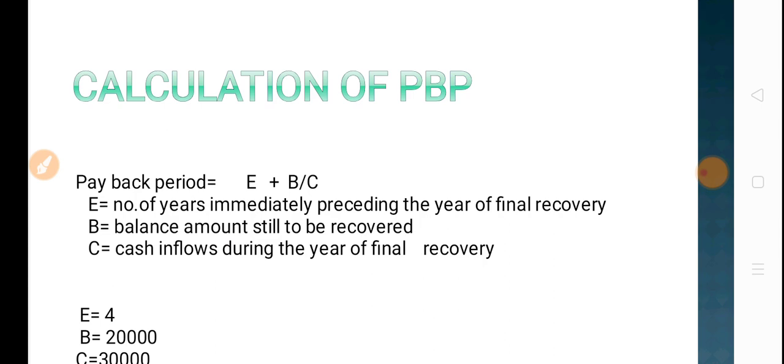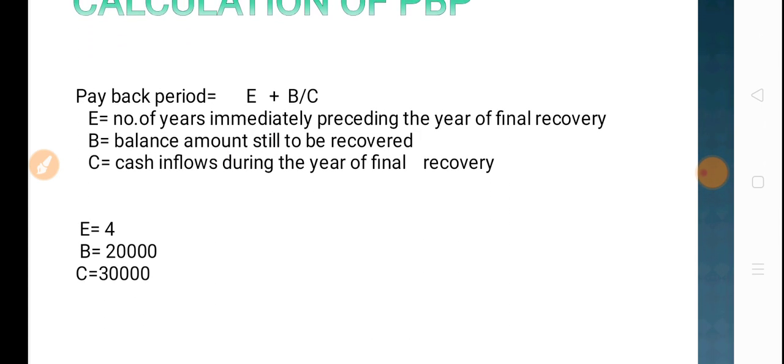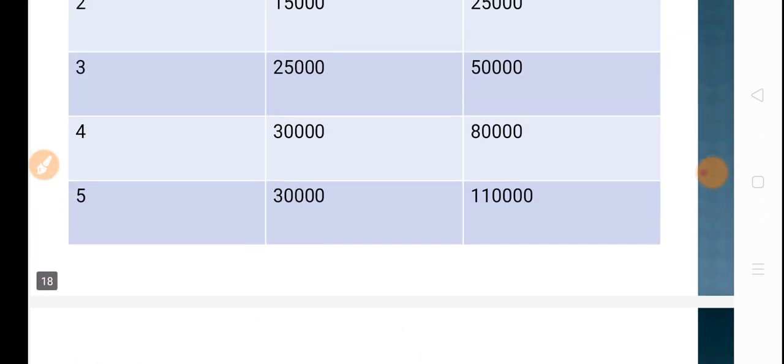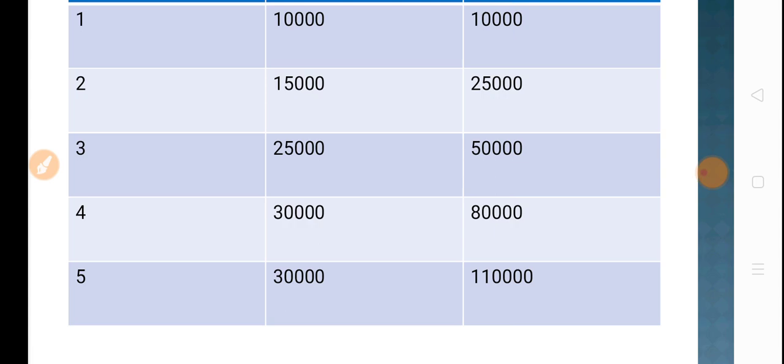Payback period is equal to E plus B by C. We already learned that. Here you can see what E is: the number of years immediately preceding the year of final recovery. When I move on to the question, you can see the total investment is 1 lakh.